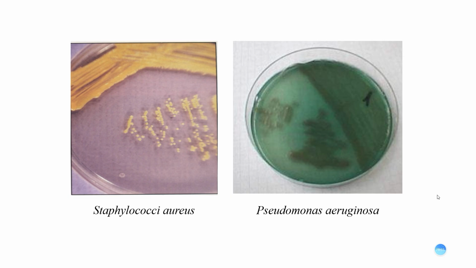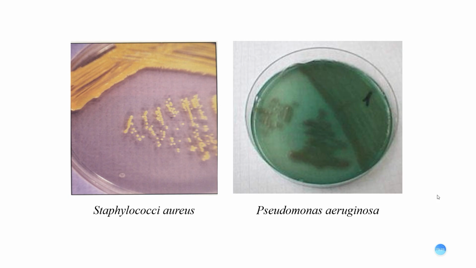They are able to produce some yellow or golden pigment. But this pigment is not water soluble, it's fat soluble. So when the pigment is produced, it's associated with the cell membrane. It does not diffuse into the medium, into the agar. So you could see these yellow or golden colonies. That's because of the production of pigment.